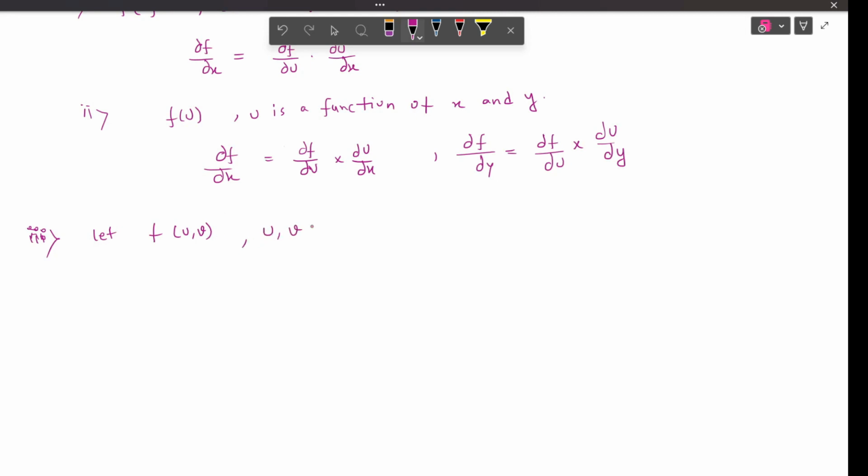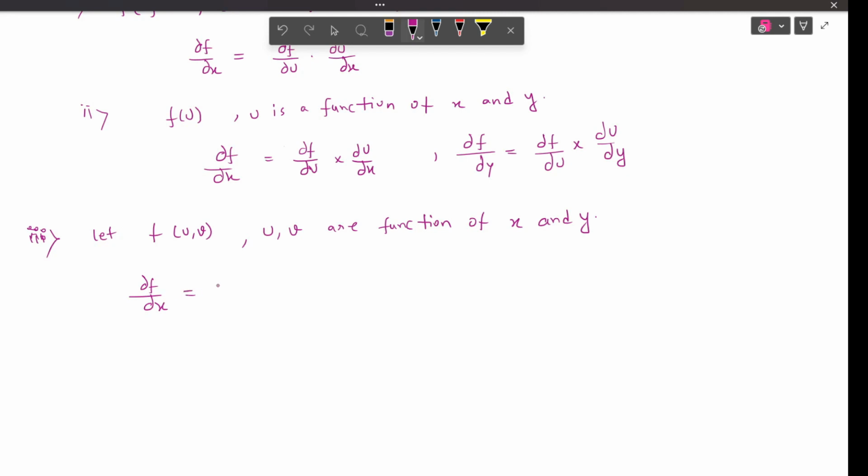Here u and v are functions of x and y. So f becomes a function of x and y. Now we have to derive this with respect to x and y. So let us say ∂f upon ∂x.